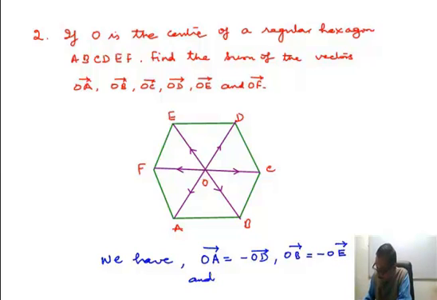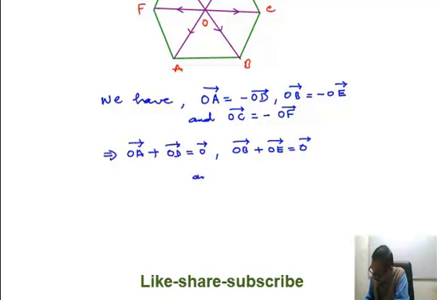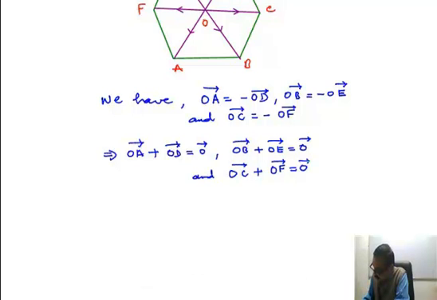And OC vector is equal to minus of OF vector. Now, with this we can say that OA vector plus OD vector is equal to 0 vector. Similarly, OB vector plus OE vector is equal to 0 vector, and OC vector plus OF vector is equal to 0 vector.